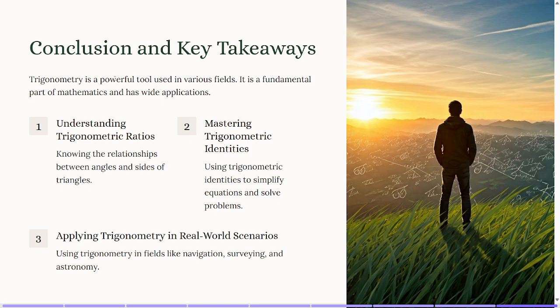This is a very powerful tool in various fields. And third is applying trigonometry in real world scenarios, using trigonometry in fields like navigation, surveying, and astronomy. It is very necessary to understand trigonometric ratios and their functions, the relationship between angles and sides.